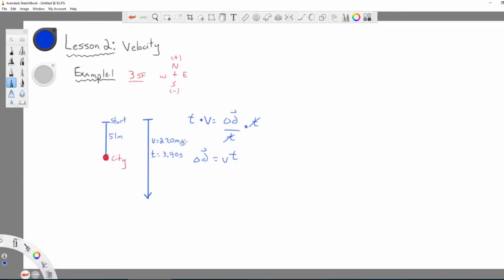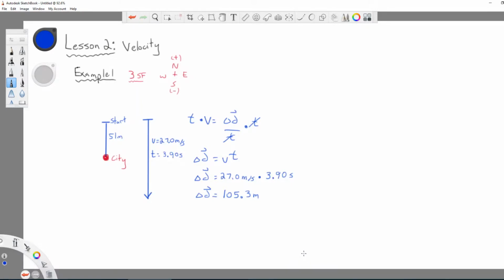Let's plug those in and figure out how far this plane actually traveled in that time. Delta D is equal to 27.0 meters per second times 3.90 seconds. Plugging that into our calculator, I get a value of 105.3 meters.